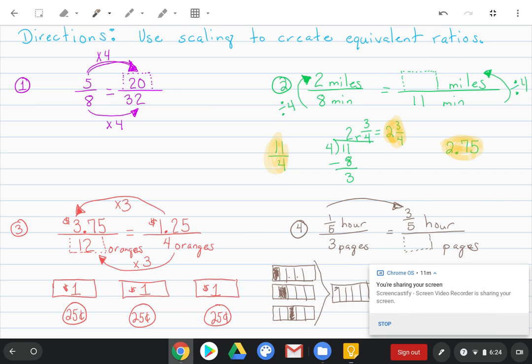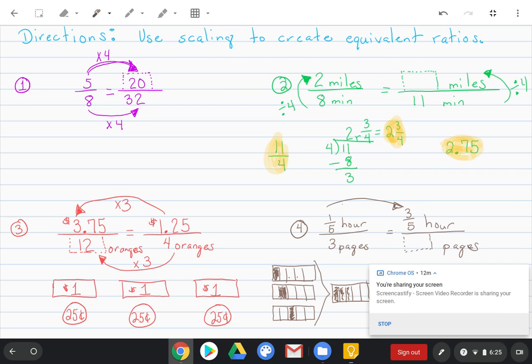Remember, I ate the first slice the first day, the second slice the second day, the third slice the third day. So eating 1/5 of a cake each day for 3 days means that I've eaten 3/5 of a cake. So going back up to hours, what's my connection between 1/5 and 3/5?